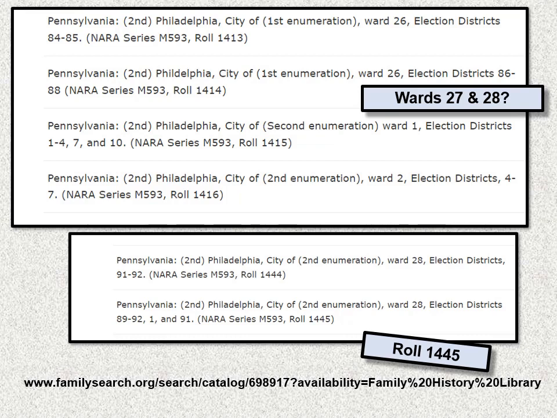If we go down to the bottom, we're at the end of the second enumeration, and we're in roll 1444 and 1445. You can see they overlap in their election districts. Well, what turns out is that roll 1445 is the first enumeration for wards 27 and 28.